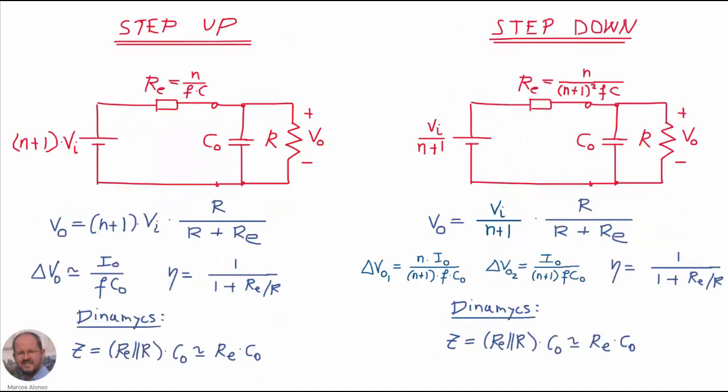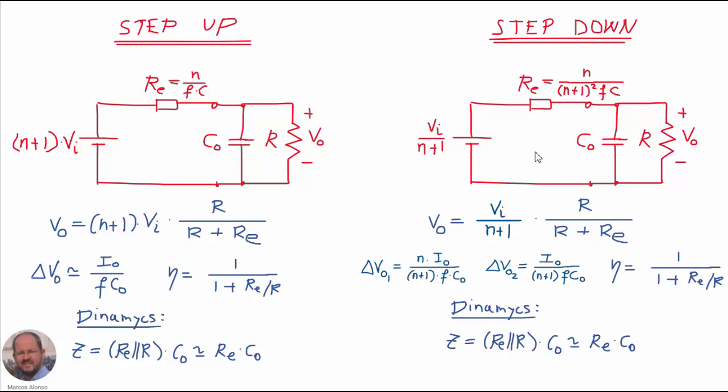Here we are showing the equivalent circuits and the different characteristics that we have seen in the previous video when we studied this converter. Here we see the equivalent circuit with the voltage ratio n plus 1, the equivalent resistance N over Fc, where F is the switching frequency, C is the switch capacitance, and N is the number of capacitors in the converter.